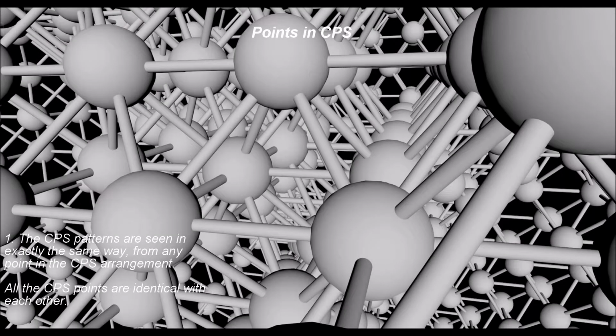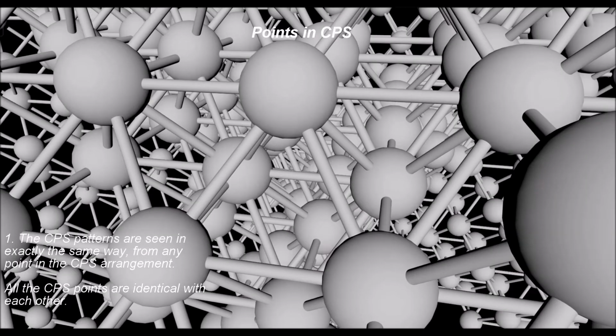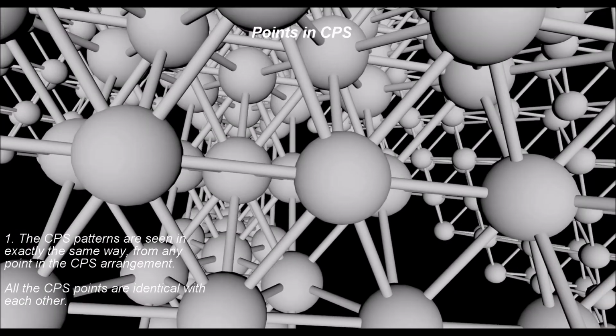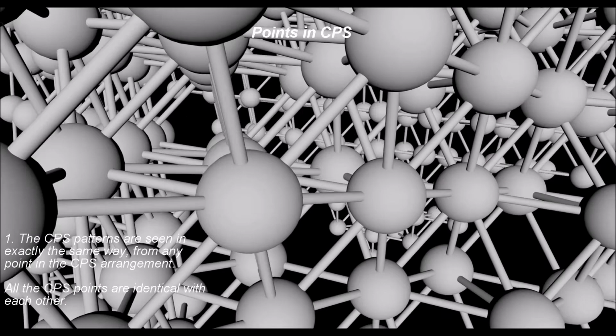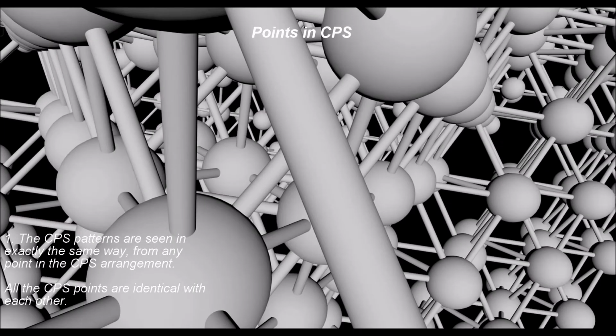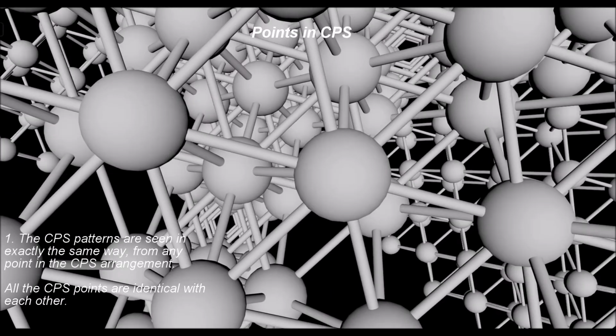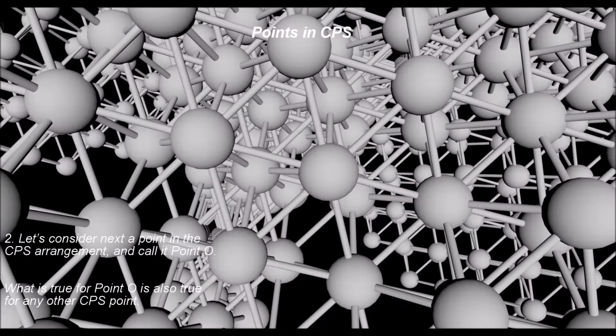1. Let us mention first an obvious fact: the CPS patterns are seen in exactly the same way, from any point in the CPS arrangement. All the CPS points are identical with each other. 2.